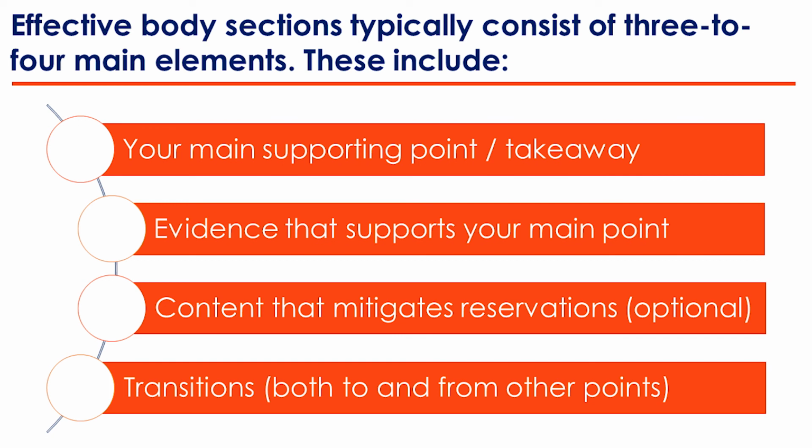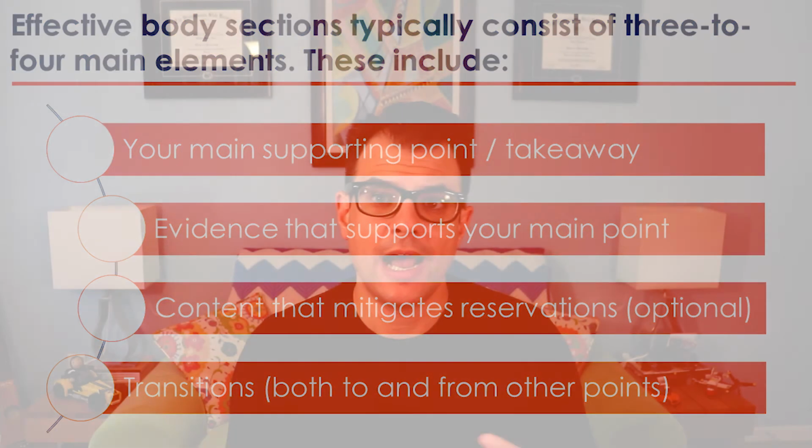You've then got evidence that supports that main point. Next, you've got content that mitigates reservations, and this is somewhat optional, but I do strongly encourage it. And then finally, you've got transitions, and you're going to be using transitions as you move both from a previous section as well as into a subsequent section.